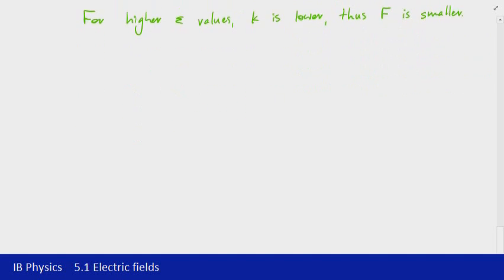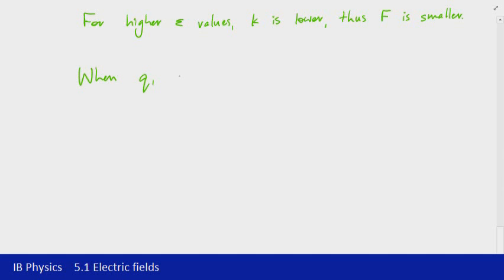Now, I want to come back to the last thing I mentioned about attraction and repulsion. If you think about that equation, F is equal to K Q1 Q2 on R squared, if Q1 and Q2 have the same sign, the product of those two will always be positive. So if they're both positive, the product of Q1 and Q2 is positive.